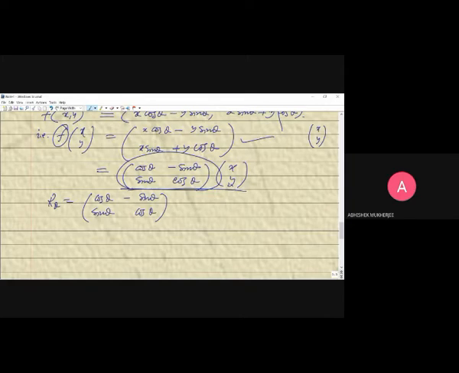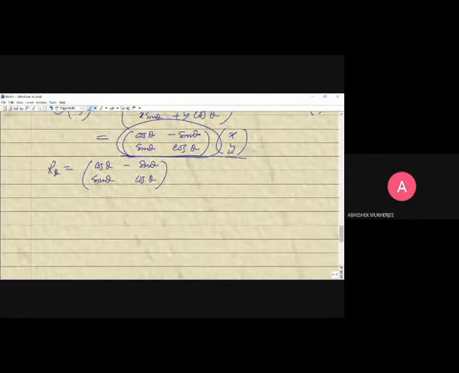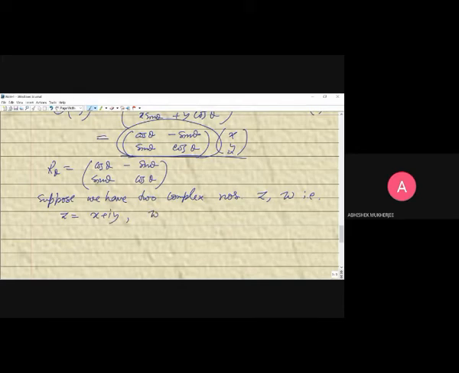Now it comes to our discussion very naturally, because whenever you are talking about complex multiplication, suppose we have two complex numbers z and w, that is, suppose z is x plus iy and w is x dashed plus iy dashed.